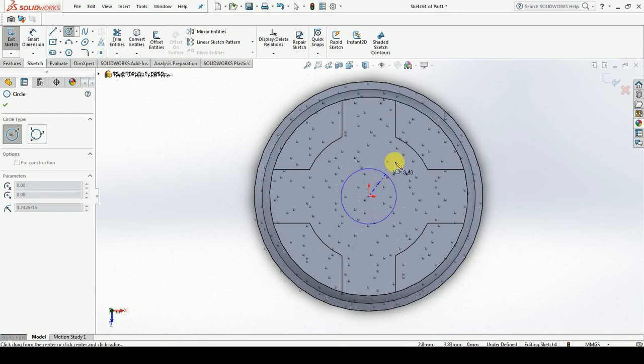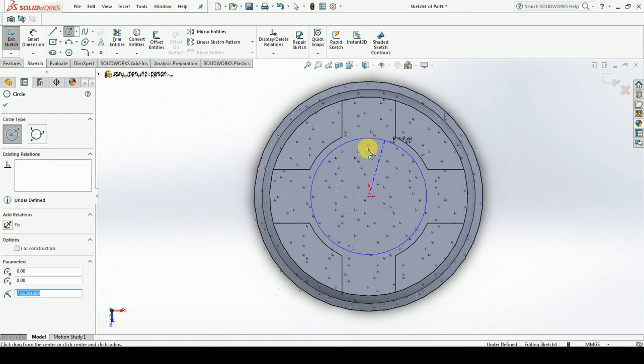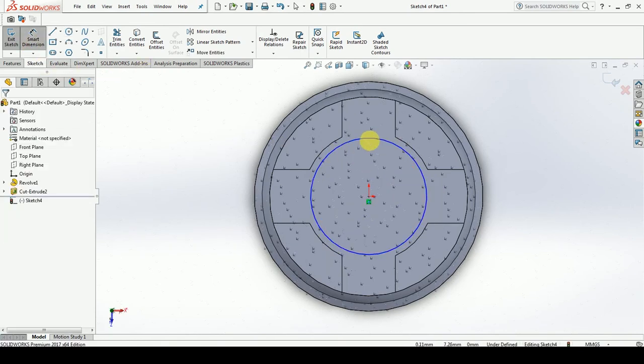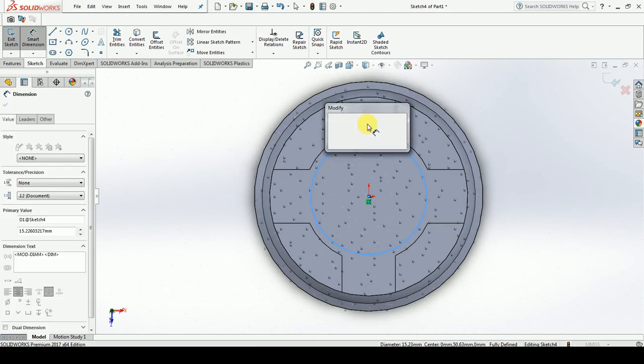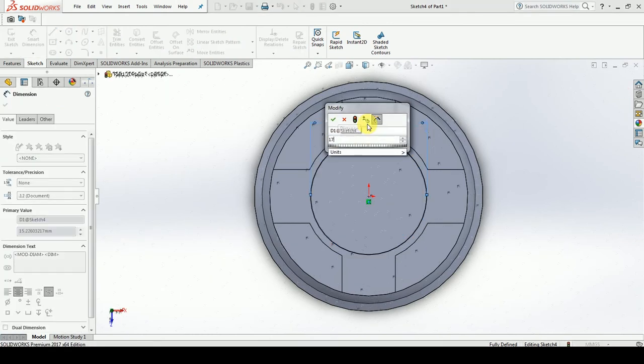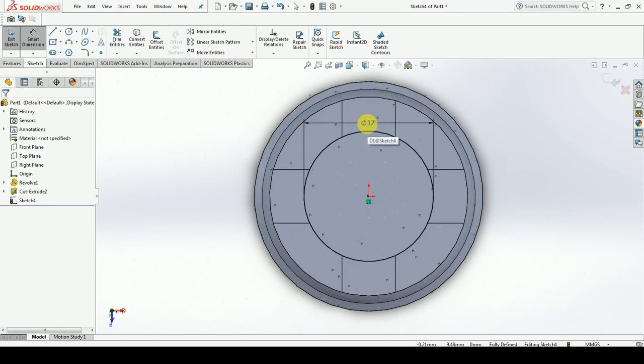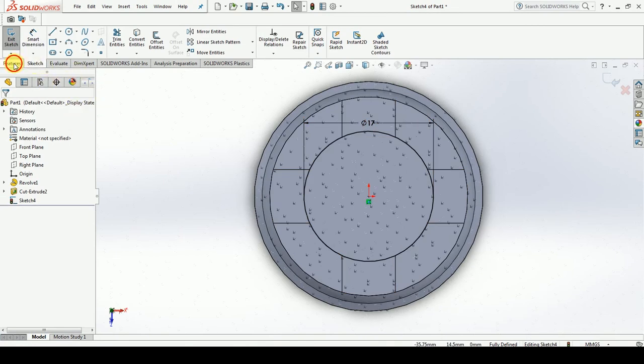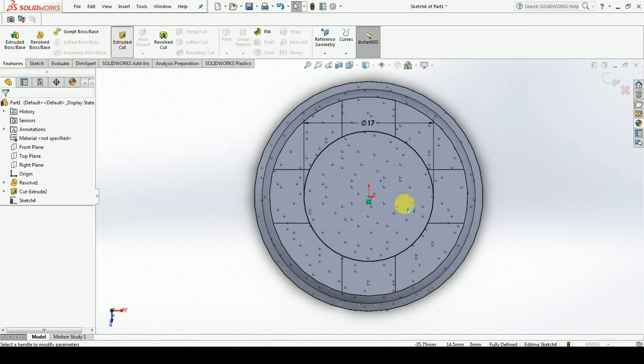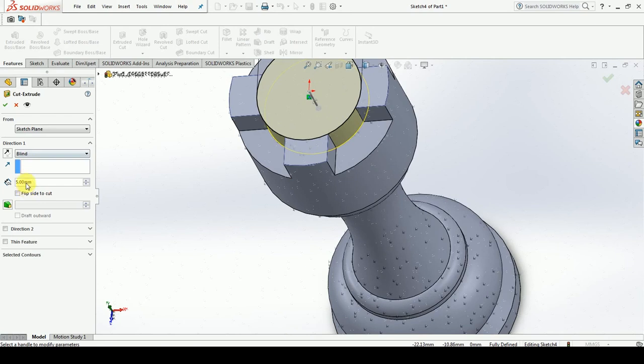And draw a circle. The dimension is 17 millimeter diameter and then extrude cut it for 5 mm.